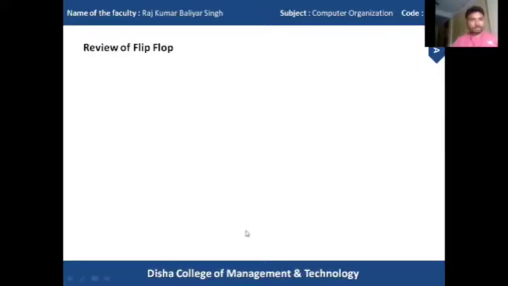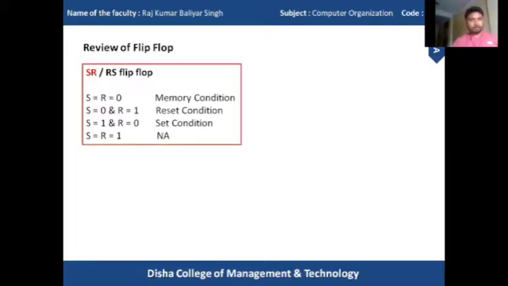So let's review the flip-flops. As we know, we have four different types of flip-flops. One is the SR or RS flip-flop, and in all flip-flops basically we are getting four conditions: memory condition, reset condition, set condition, and not applicable condition in case of SR flip-flop. And SR flip-flop is the root of all flip-flops.